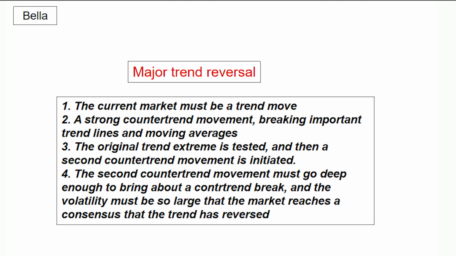Fourth and most important, the second contrarian movement must go far enough to bring about a contrarian break, with volatility so large that the market comes to a consensus that the trend has reversed. If the second contrarian movement does not bring about a strong contrarian break, it is likely to usher in a range of shocks rather than a trend reversal.